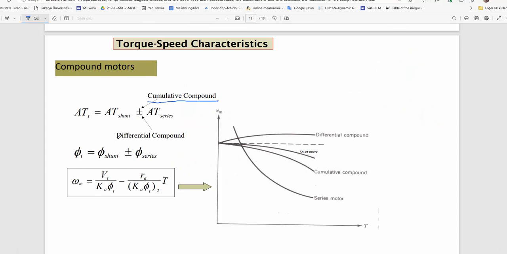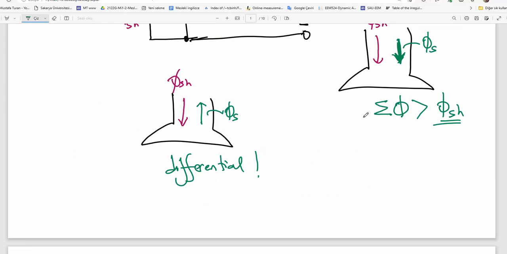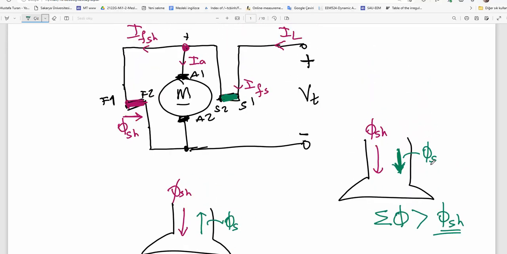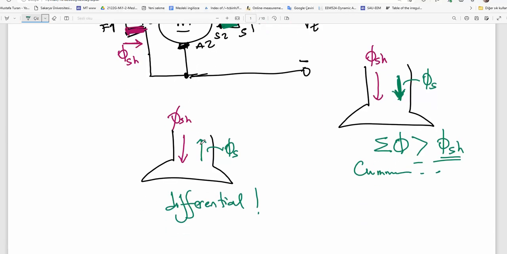Such a connection is called differential compound, as you know from earlier. There are two possible options. In one option, the series winding supports the shunt one, resulting in cumulative compound. In the second option, the series winding would decrease the total flux, that is called differential compound.